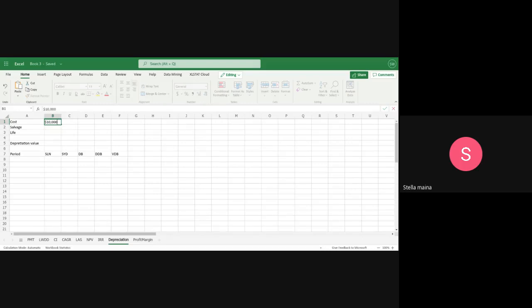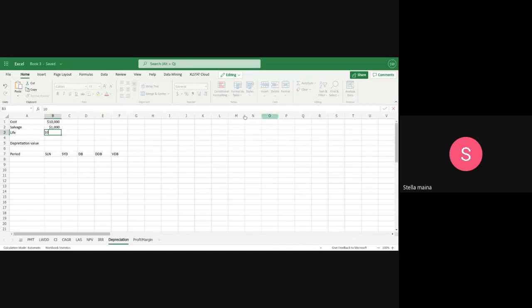And then it has a salvage value, or a residual value, of $1,000. And then a useful life of 10 years. So this basically says that after the 10 years, it would be worth $1,000.